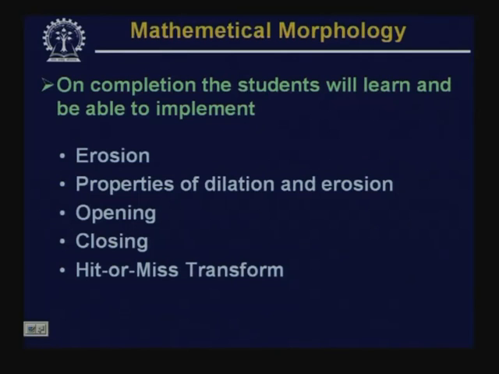Then we will see what are the properties of dilation and erosion operations. And when we discussed dilation in our previous class, we said that as the dilation operation removes noisy pixels which are present within an object region, at the same time the simple dilation operation also tries to expand the object region.